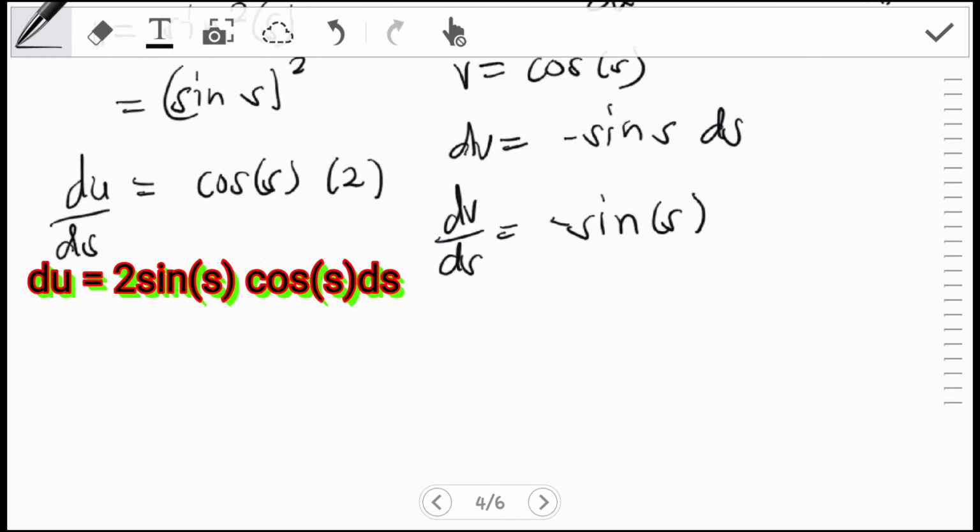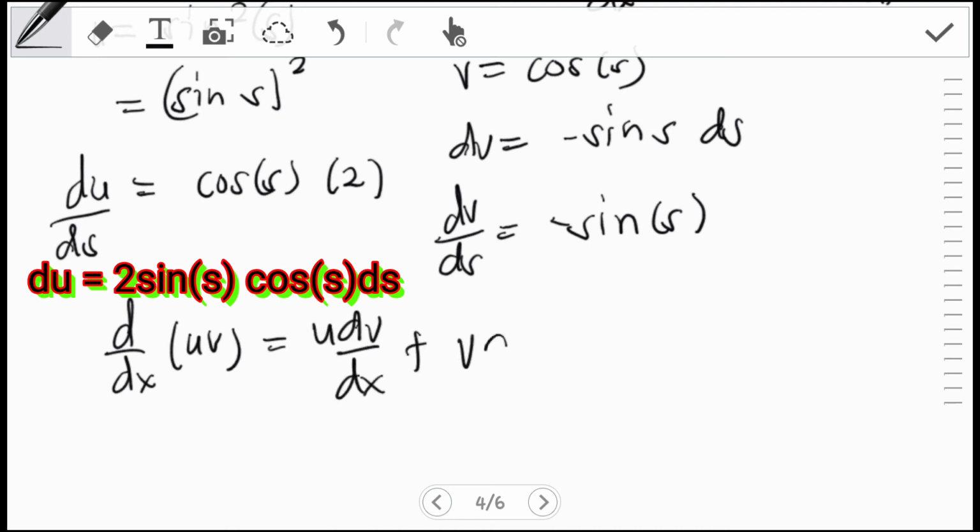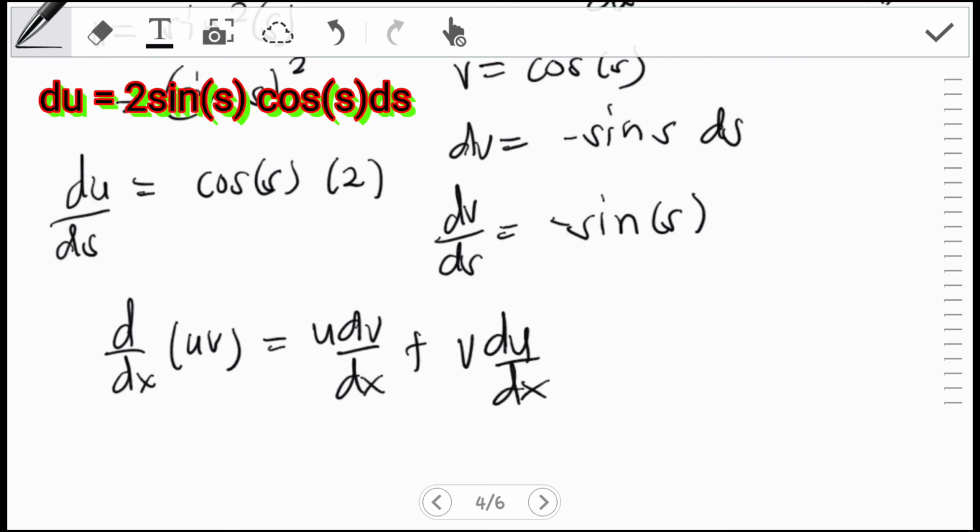So apply this formula, d over dx of uv equals u dv over dx plus v du over dx.